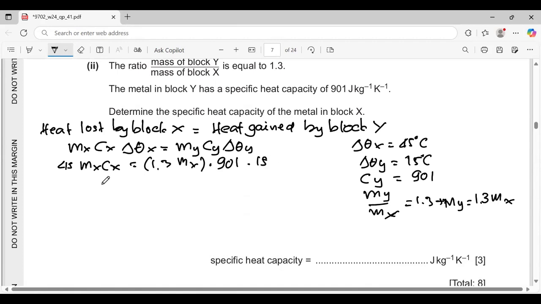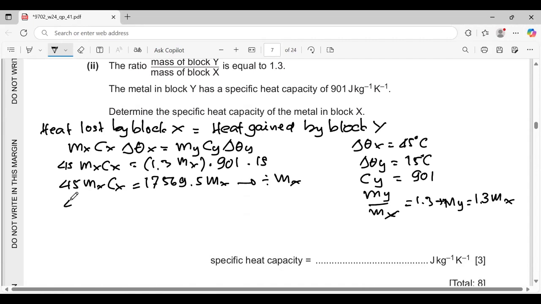So it becomes 45 mx cx equals 17,569.5 mx. The calculation 1.3 times 901 times 15 gives 17,569.5. After that, divide by mx.